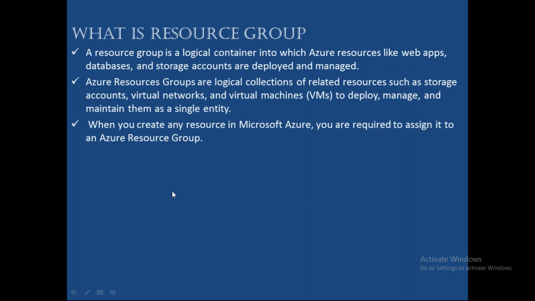When you create any resource in Microsoft Azure, you are required to assign it to an Azure resource group. Remember, you may think, I don't want to add this resource to any resource group. That is not possible. You must add every resource into a resource group. It's a one-to-one mapping. One resource should be in one resource group only. You cannot keep one resource in two resource groups.